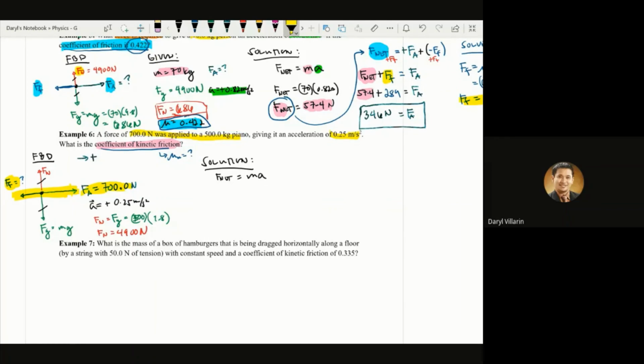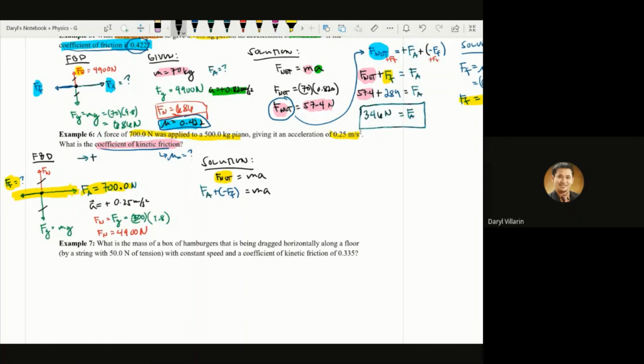So if I expand my net force, it consists of your Fa. If you can see in the highlighted portion, that is made up of Fa and the negative of Ff, equivalent to ma.